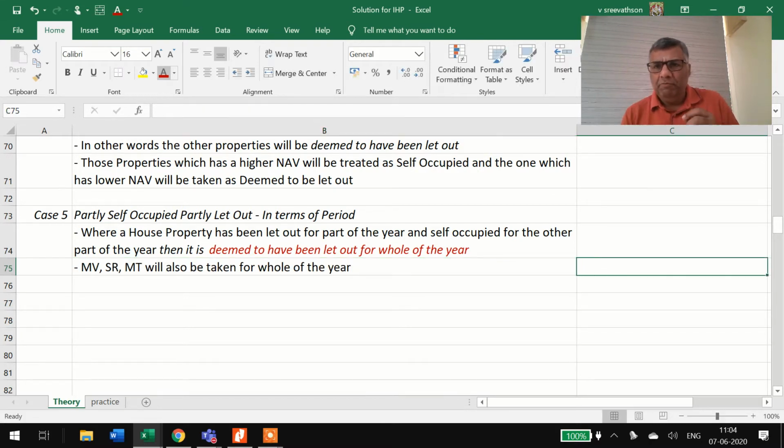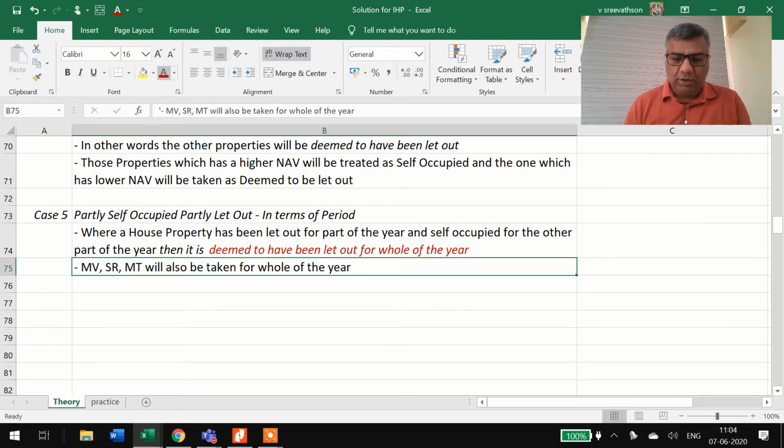When I was doing my articleship, writing my CA examinations, the provision was, suppose municipal value is, let us take 90,000, and it is self-occupied for 6 months, let out for 6 months, we computed municipal value for 6 months, standard rent for 6 months. Subsequently the law changed, it is deemed, so you have to take it for the whole of the year.